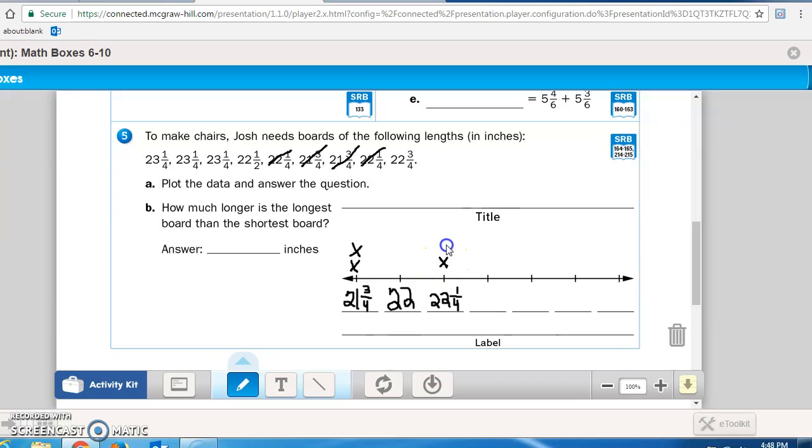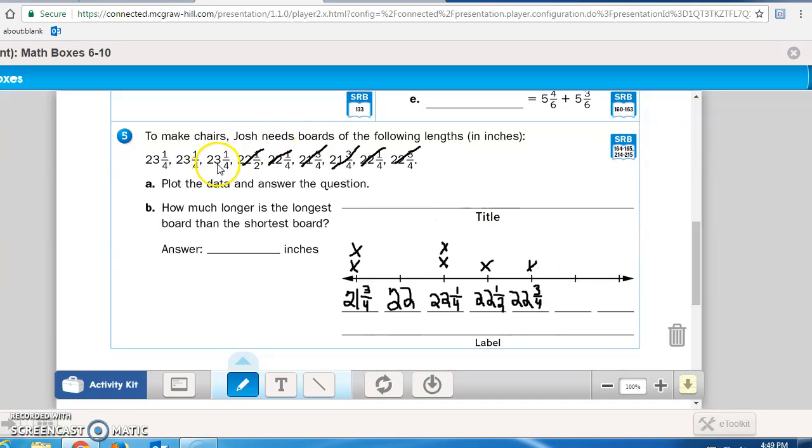If I go up 1/4 again, my number here is going to be 22 and 1/2. How many do I have at 22 and 1/2? Oh, 1. Just 1 this time. If I go up again by another 1/4, I got 22 and 3/4. I have 1, just 1 again.